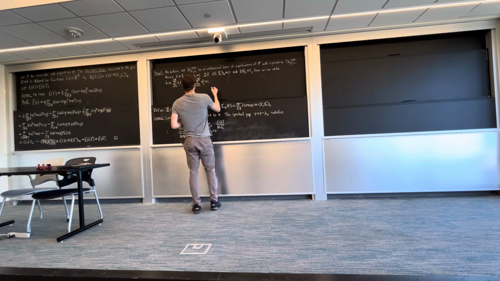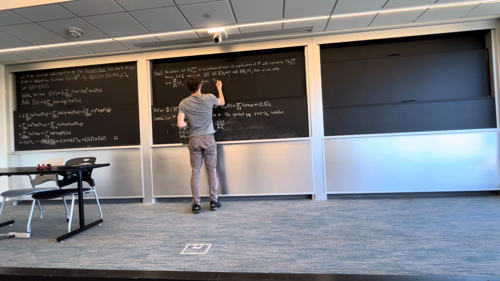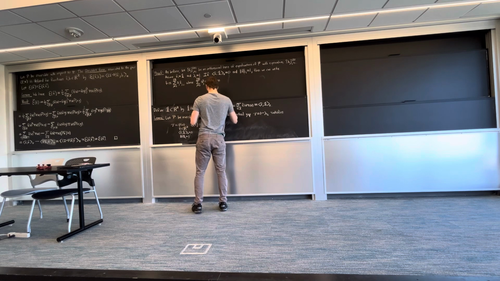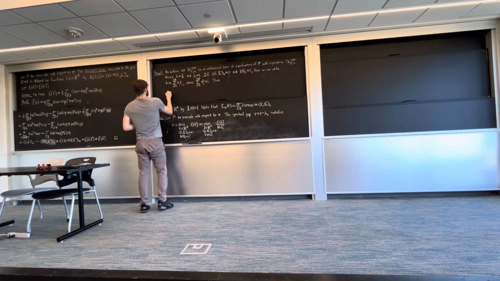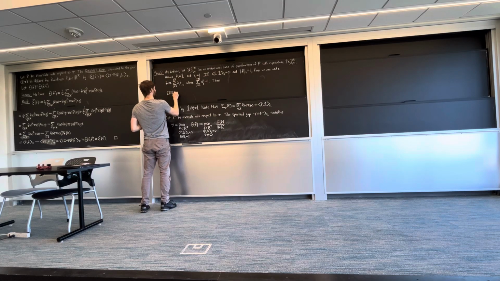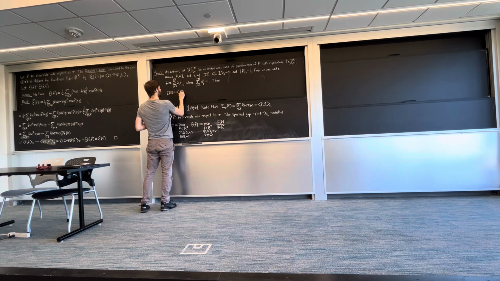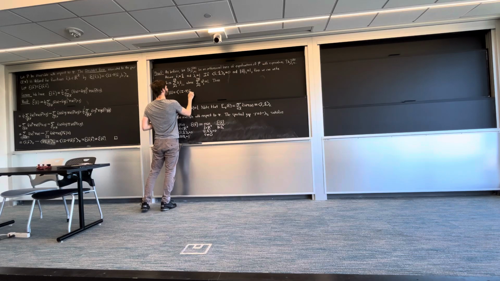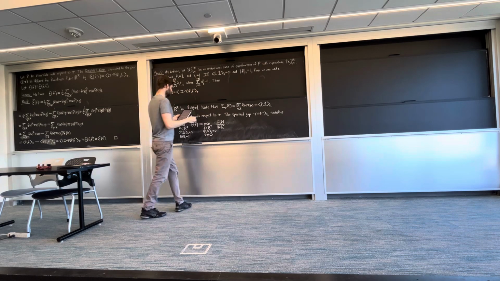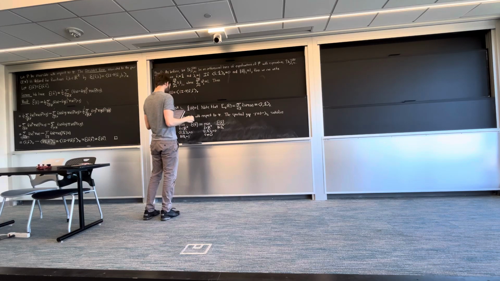Then, if I write this Dirichlet form E(f), by definition this is the inner product of (I minus P)f with f, with respect to pi.